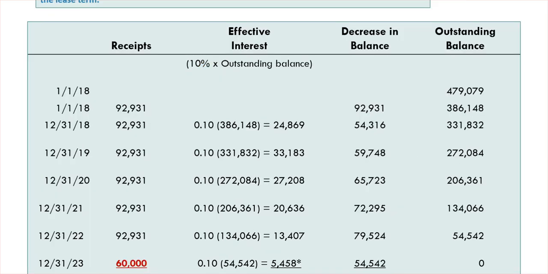And if you built the table, you discover as you go through here that actually when you do that and you record this, you notice what they have here is a 60,000 that's being shown here. That is a guaranteed residual value. And I don't like it that you're saying it's in the cash column. What you're saying is you're guaranteeing this residual value, and if this residual is not there, they would pay the cash.